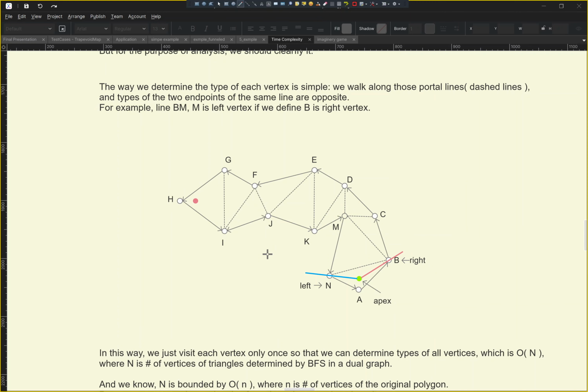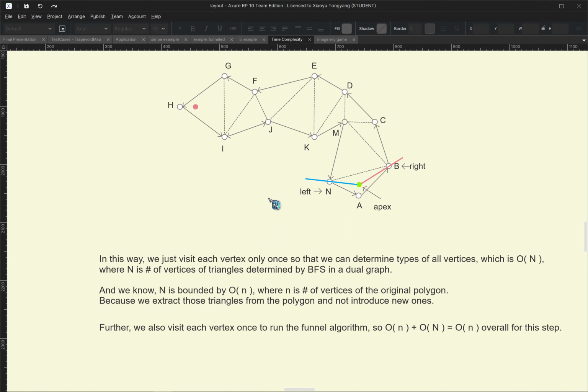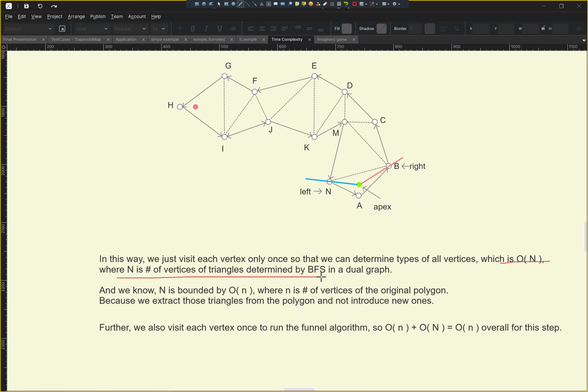So we only need to visit each portable line once to determine types for all vertices. So the time complexity of finding left and right vertices is bounded by big O, capital N. Notice, capital N is the number of vertices of the triangles determined after we run the breadth search in the dual graph.